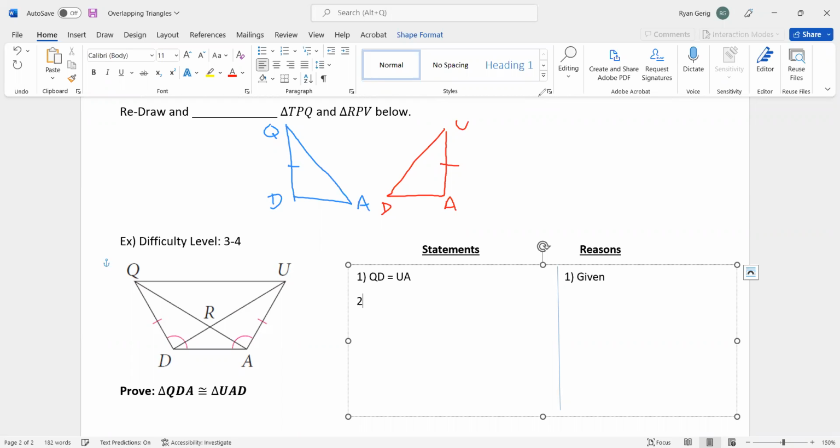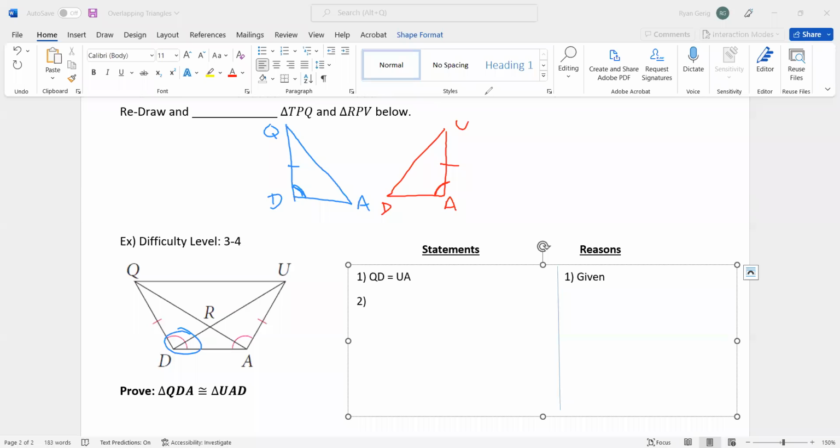It's given. There's another given there, and I can't say angle D because there's actually three different angles there. That's saying that the whole angle there, QDA, well, where do I see QDA? That's here, is congruent to UAD. That's here.